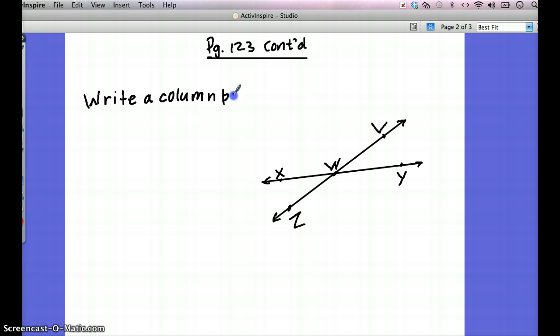A 2-column proof. And here's what we're given. We're given that angle XWY is a straight angle.